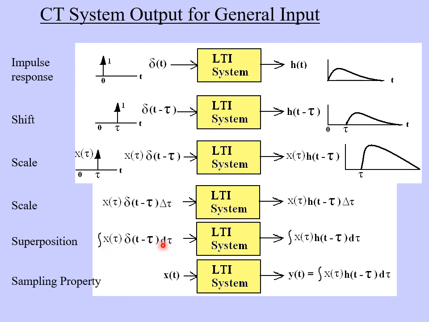All of this stuff in the integral here is just x of t. This is the input signal. So for any input signal x of t, we have just figured out what the output of our system is. The output of the system is going to be the integral of x of tau times the impulse response h of t minus tau, integrated over all tau.